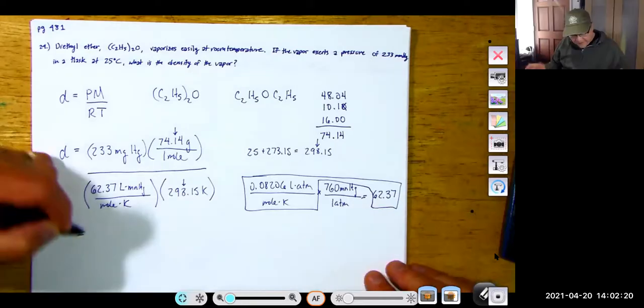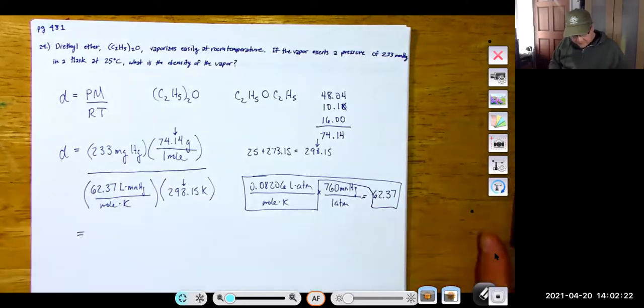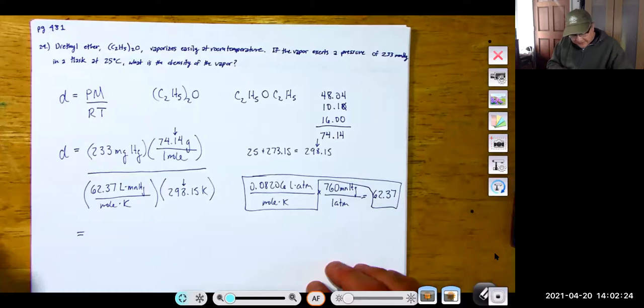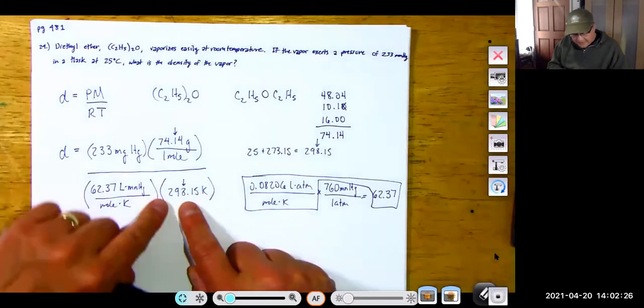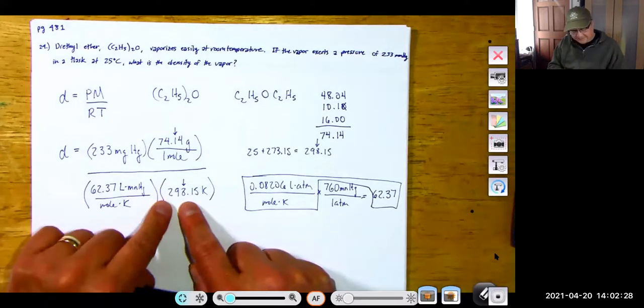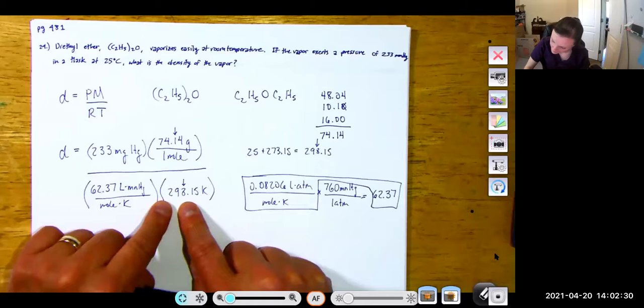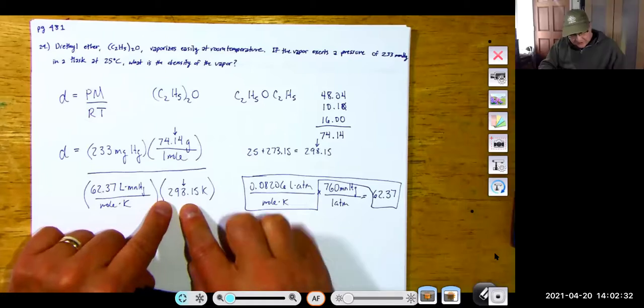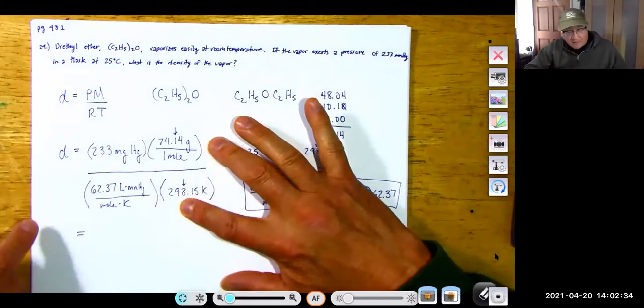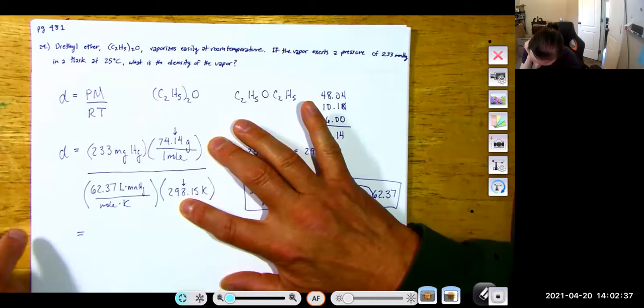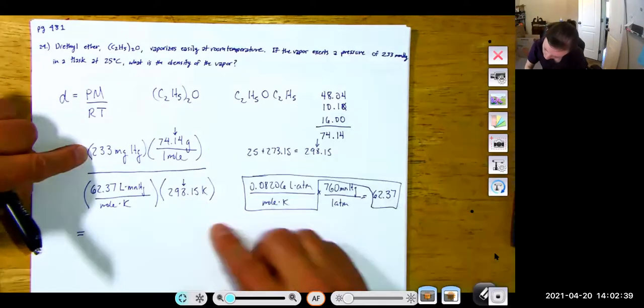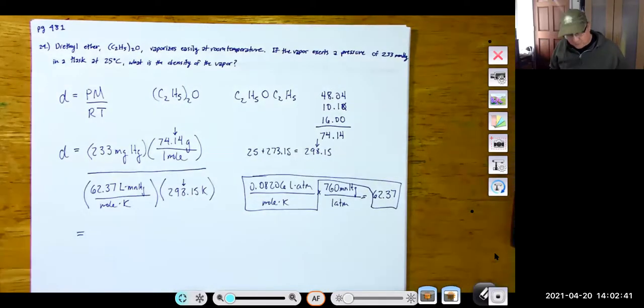So here, if we estimate the answer, is it pretty clear that 74 goes into 298 about 4 times? Yeah. Is it clear that 62 goes into 233 about 4 times? Mm-hmm. So you got 4 over 4. What's the answer? 1. The answer should be about 1.